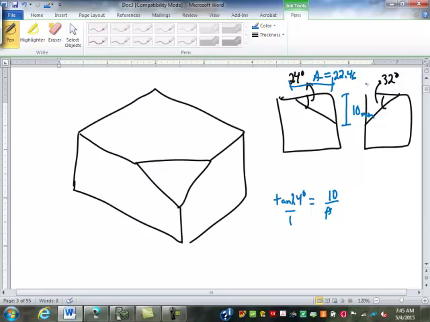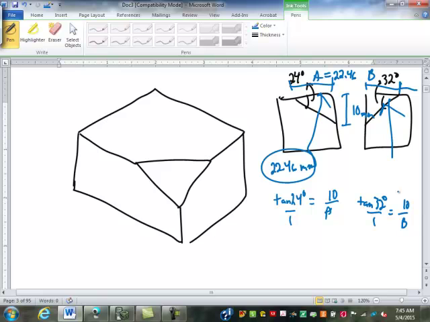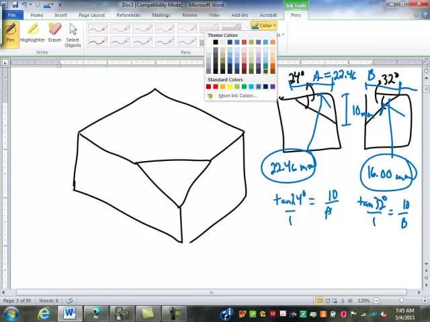Okay. Then how about finding this dimension here, which we'll call B? So yeah, tangent of 32 over 1 equals 10 over B. So B is 16. Cool. Now what?